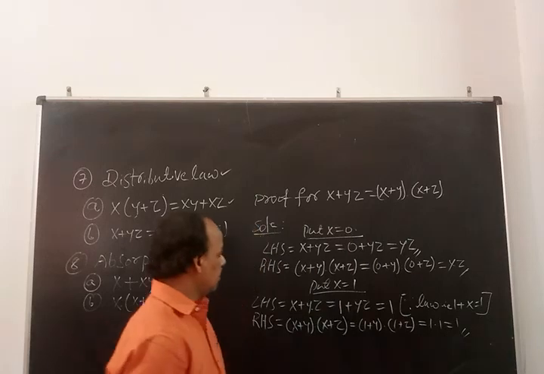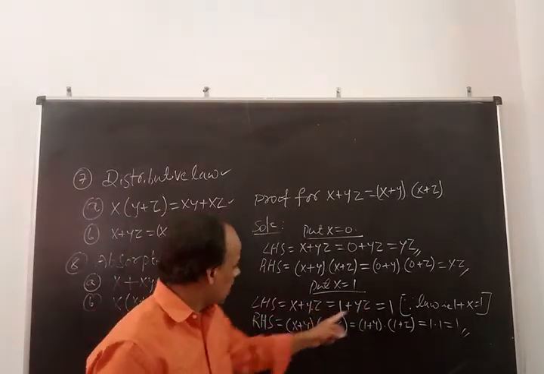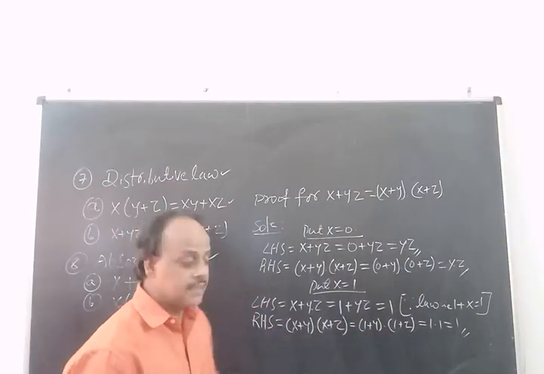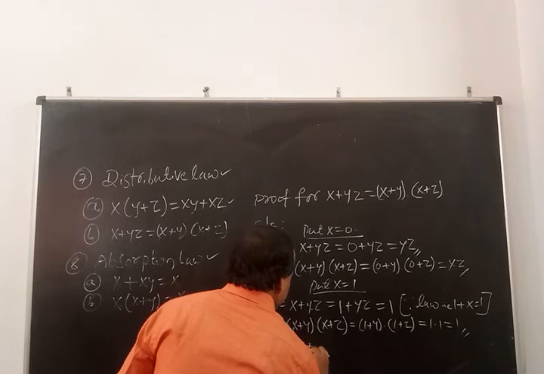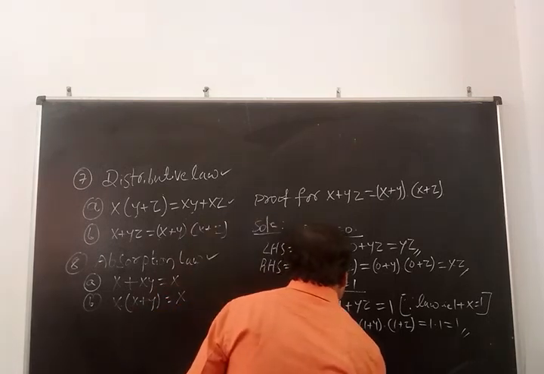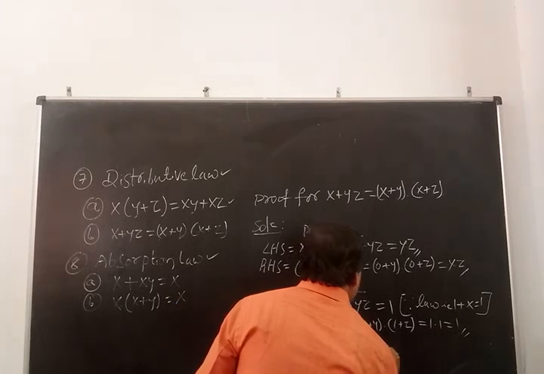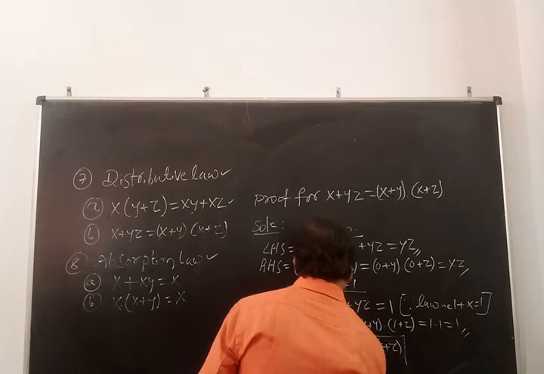So here when x is equal to 1, LHS is also 1, RHS is also 1. Hence we can say that x plus y into z is equal to bracket of x plus y into bracket of x plus z is proved.